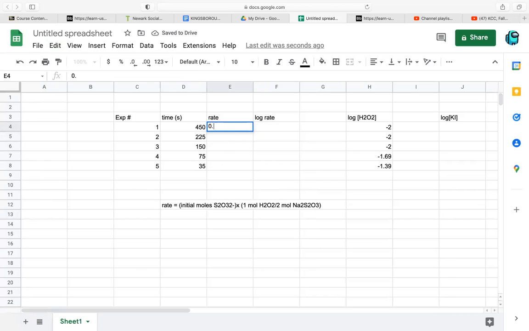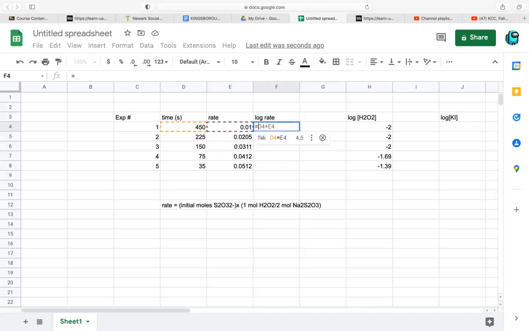So like 0.01, 0.0205, I'm just making up numbers here, 0.0311, 0.0412, sorry, 0.0412, and then 0.0512, something like that. So let me show you what happens. See how the rates are getting faster and faster as you go down.